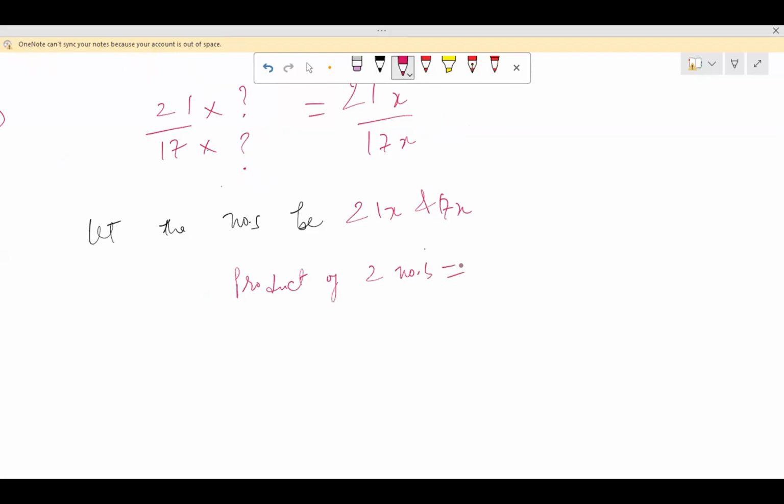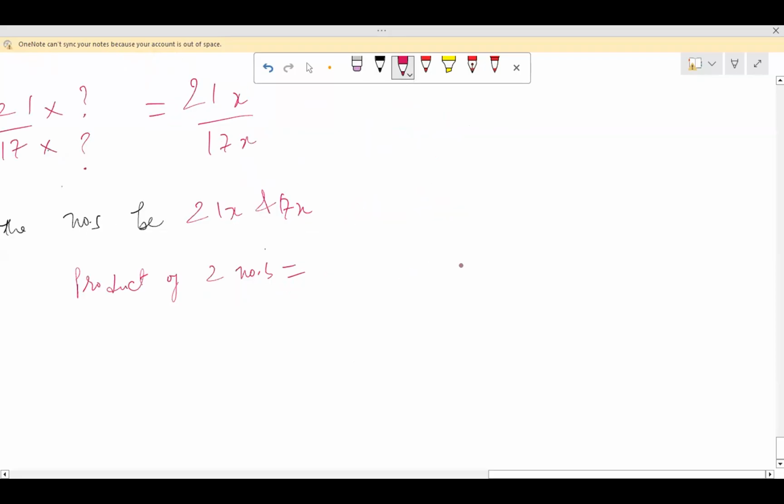LCM into HCF. Right? What will be the LCM of it? HCF is given.